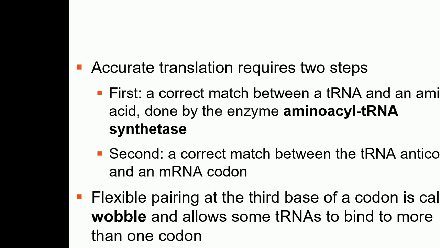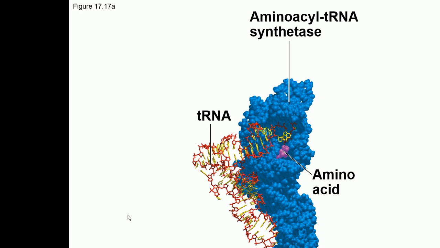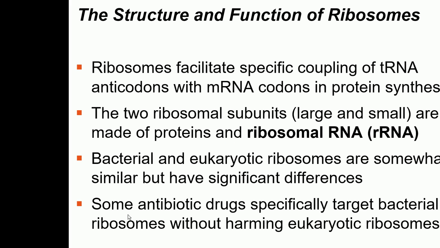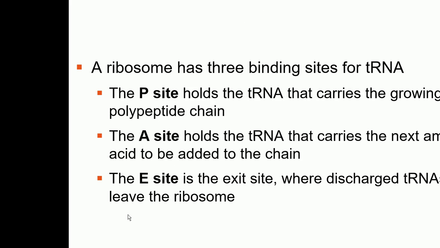Okay, now let's talk about ribosomes. Ribosomes have two subunits, a small subunit and a large subunit. On the smaller subunit, there is an mRNA binding site. On the larger subunit, there are three sites: the P site, the A site and the E site.